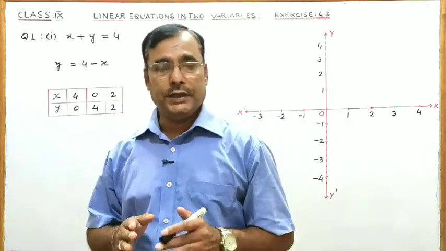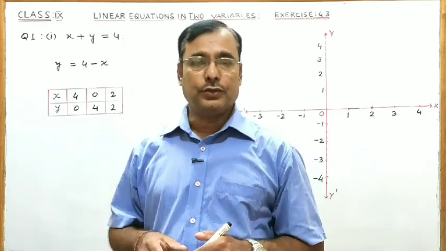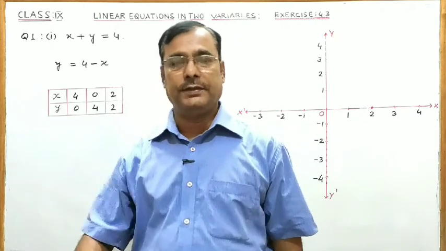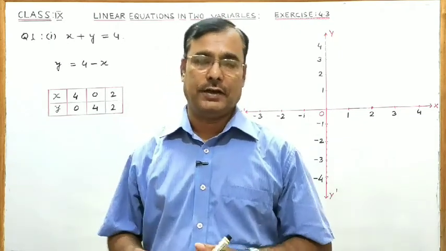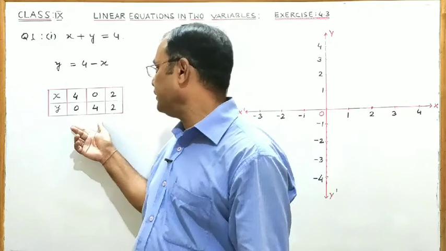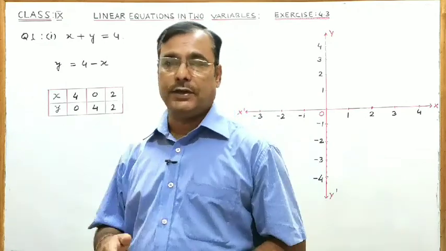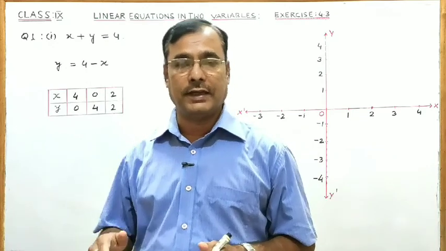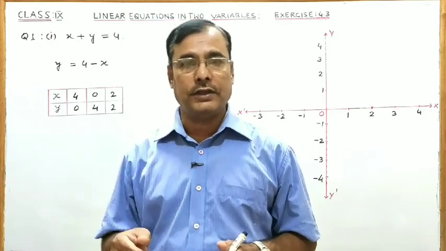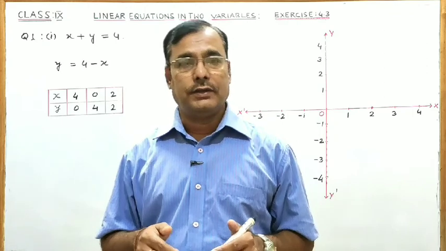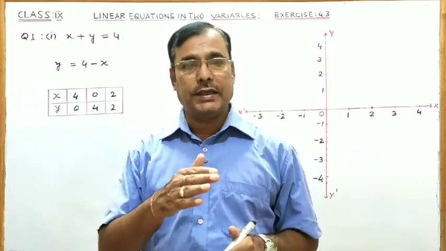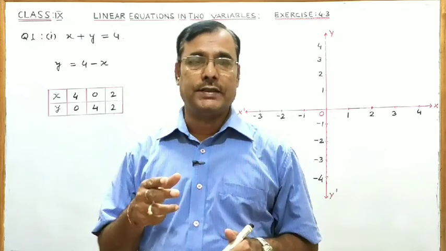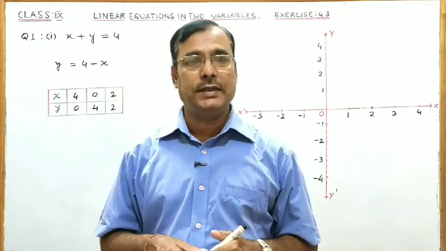Here minimum 2 points, 2 solutions if you write, then also graph of the linear equation can be drawn. But writing 3 solutions is suggestive, because in case of writing 2 solutions and drawing a graph, if any error occurs, then you won't be able to check, because through any 2 points a straight line can be drawn.